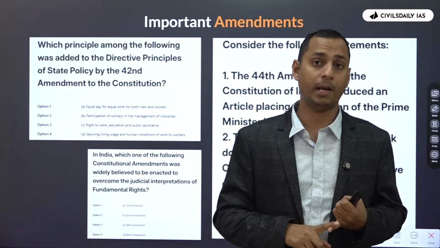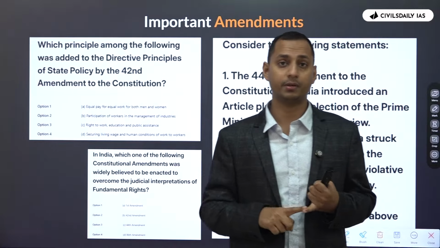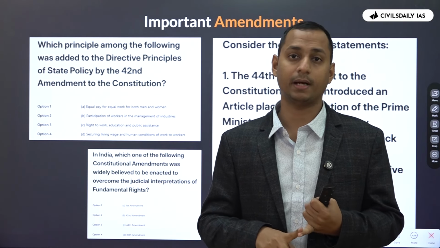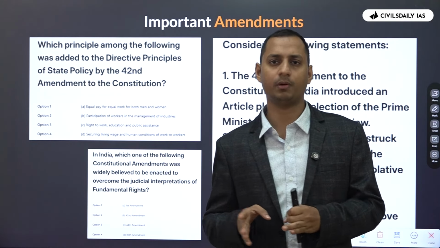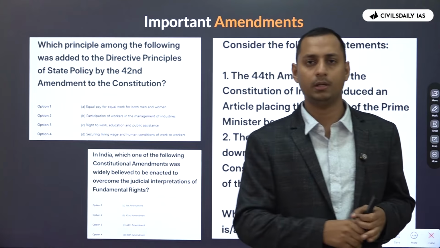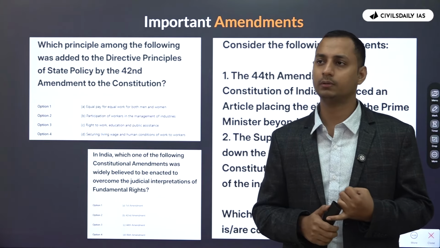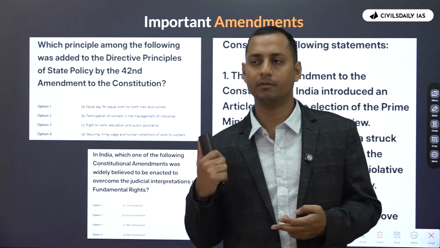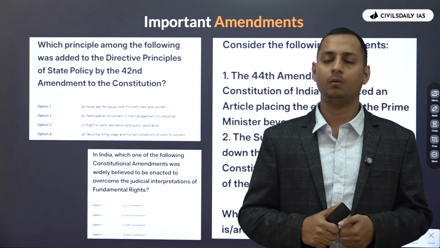Let's say Constitutional Amendment 1, the 9th Schedule was introduced, and UPSC asked this: who was the Prime Minister at that time? Because it was introduced in 1951, obviously the answer would be Jawaharlal Nehru, right? So Constitutional Amendments 1, 6, then 21, then 42, 44.